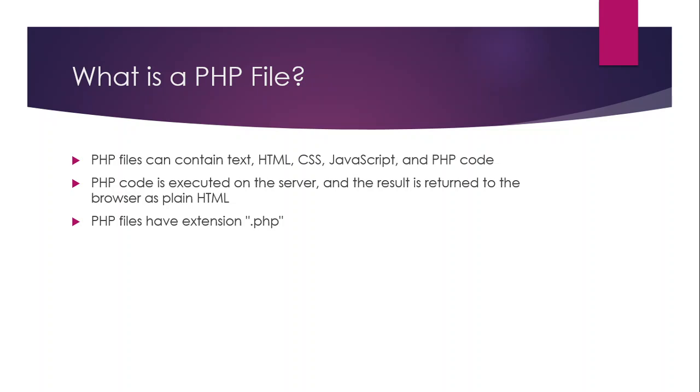So if you code in PHP, the programs are executed on the server side, however the result is displayed on the browser as plain HTML. A PHP file has the extension .php. When you are working on a PHP file, you need to save it as .php, just like you save your HTML file as .html, CSS as .css, and XML as .xml.